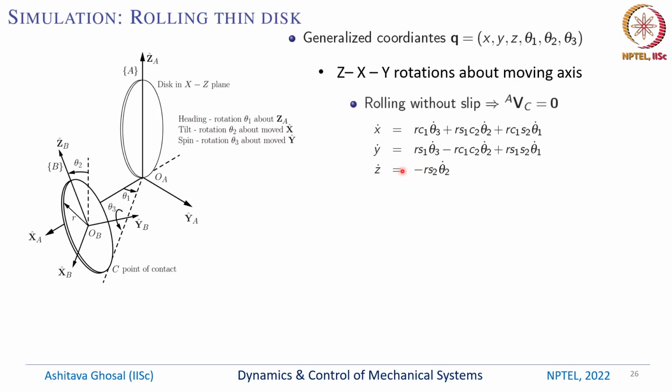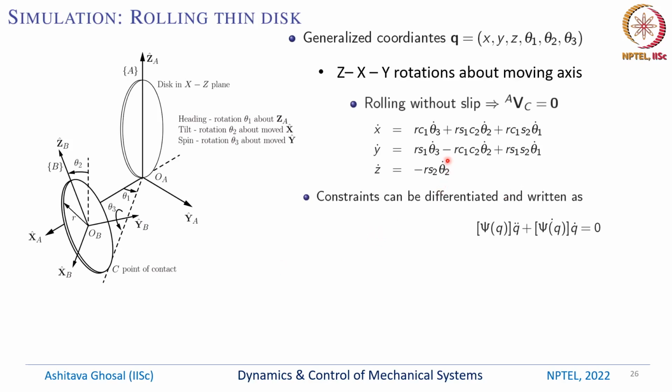This was done earlier also. So we had x dot as a function of theta 3 dot, theta 2 dot, and theta 1 dot in this form: r c1 theta 3 dot, r s1 c2 theta 2 dot, r c1 s2 theta 1 dot, and so on. And z dot is minus r s2 theta 2 dot. Again, c1 means cos theta 1, s2 means sin theta 2, and so on.